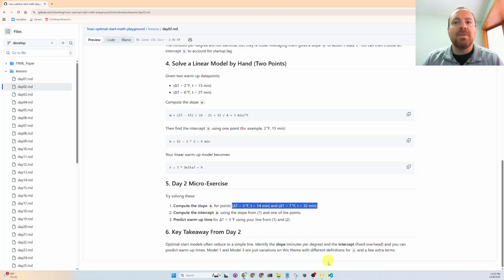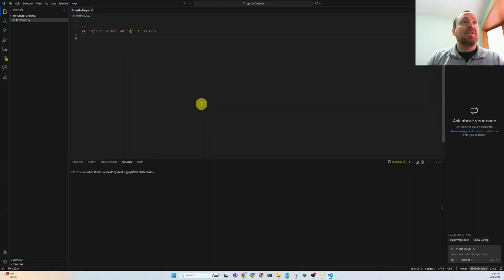Okay, so let's dive in and compute the slope for this. A little bit of data here. Let's just do delta 1 equals 3, delta 2 equals 7.